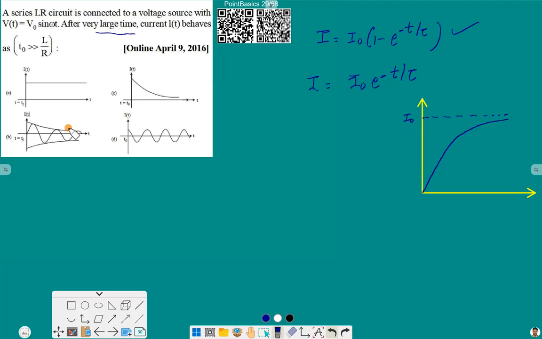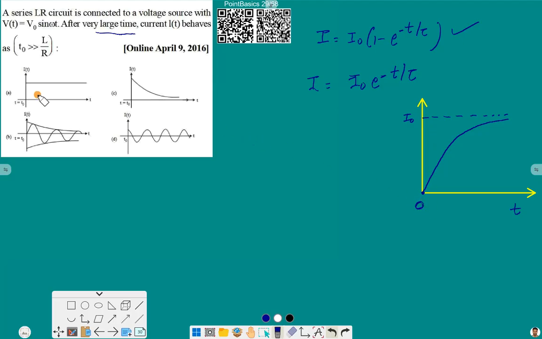Here on the x-axis we have time, on the y-axis we have current, and this graph starts from time 0 and current also from 0.